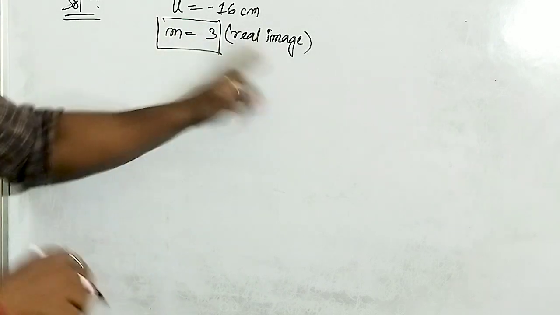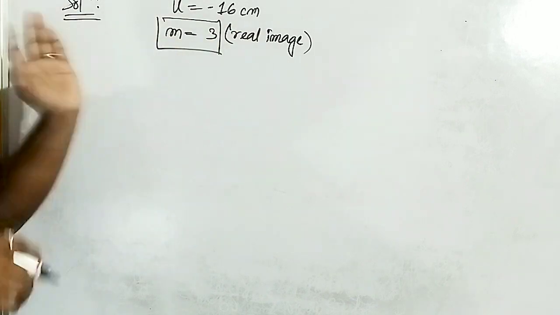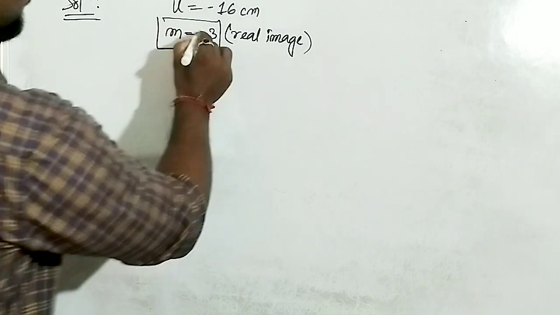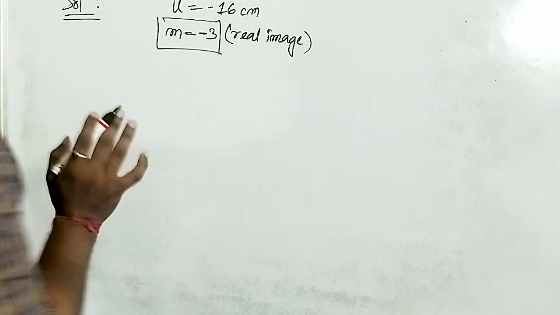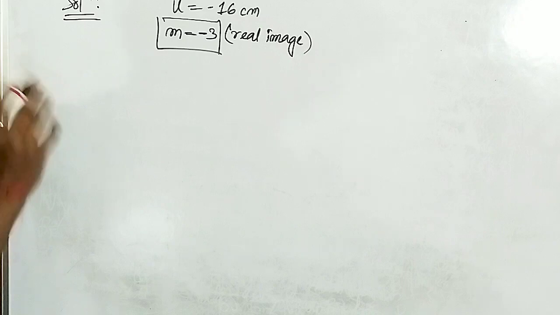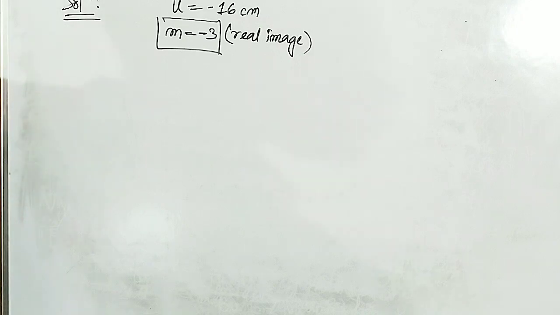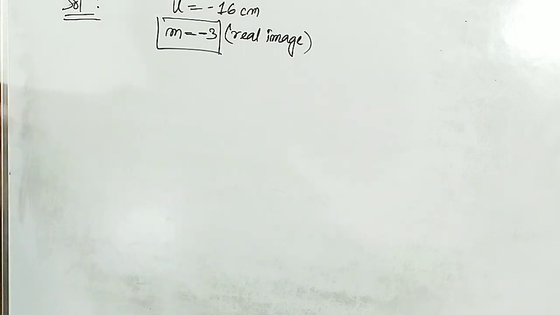For a real image, the magnification should be negative. You have to be very aware of the signs in the light lesson. This sign can change the answer. If you do not give the negative sign here, you will get some difficulty and a different answer.